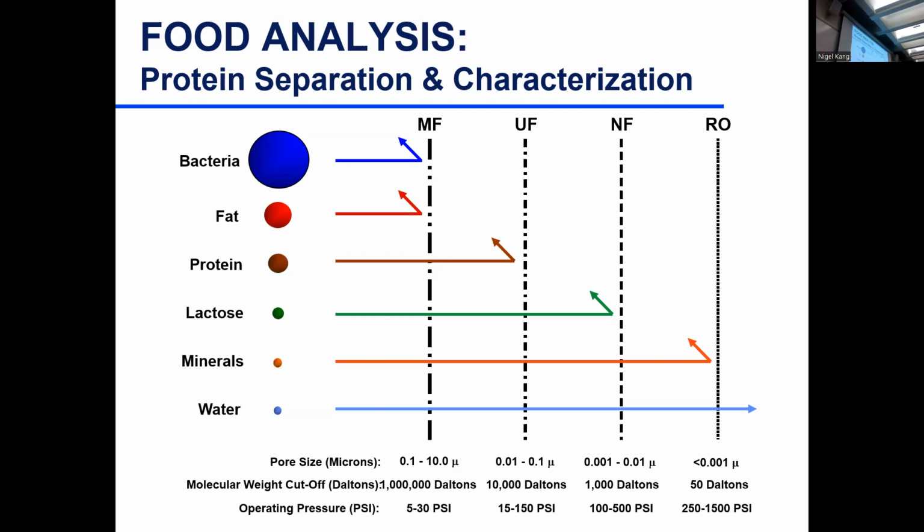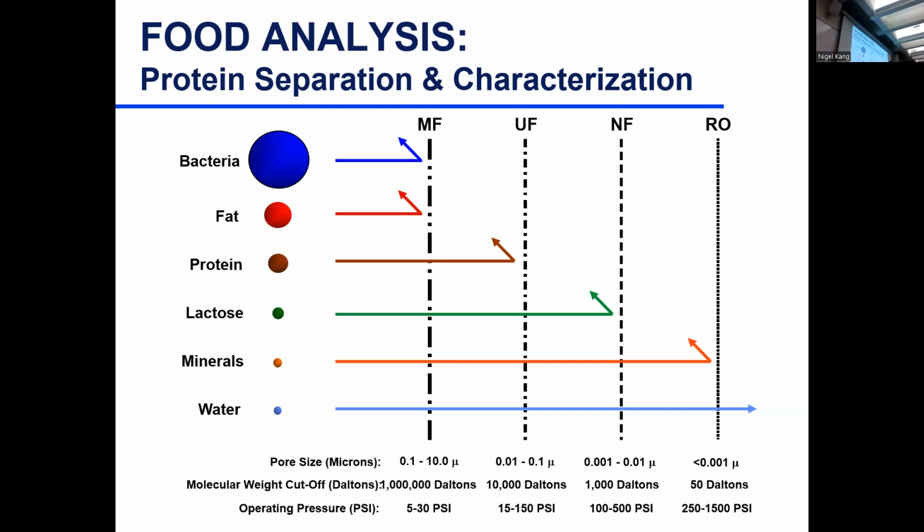In nanofiltration, this green one, lactose is our retentate, and then minerals and water are our permeates. And then if we want to separate minerals, then we can use the reverse osmosis, which has the smallest pore size.